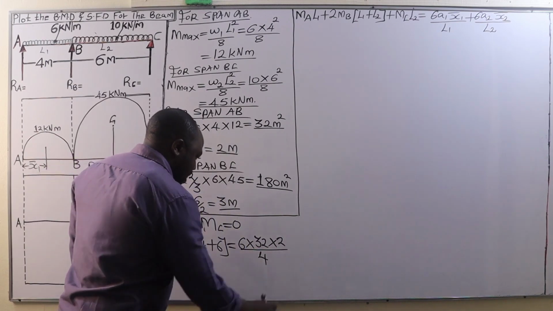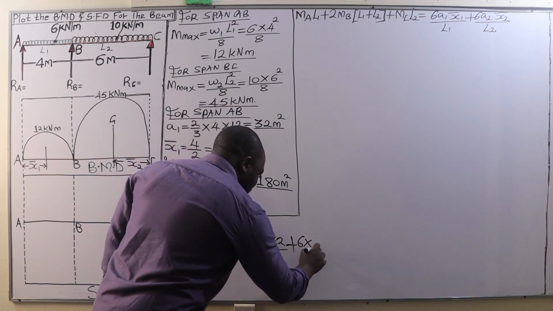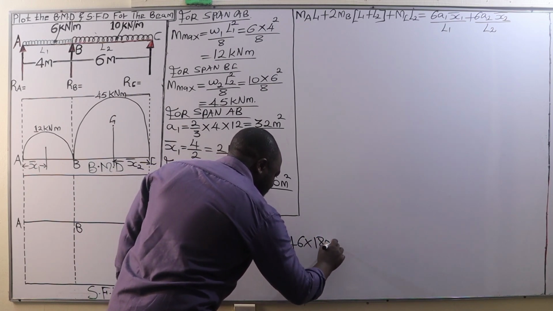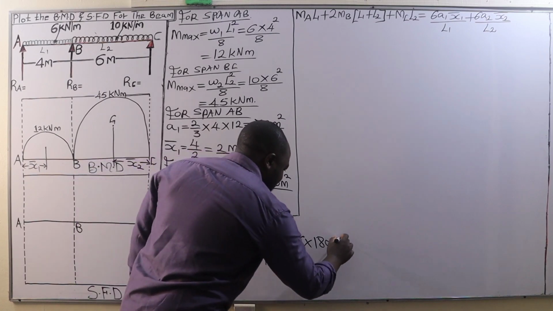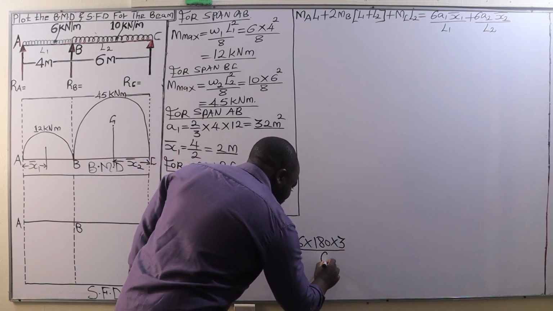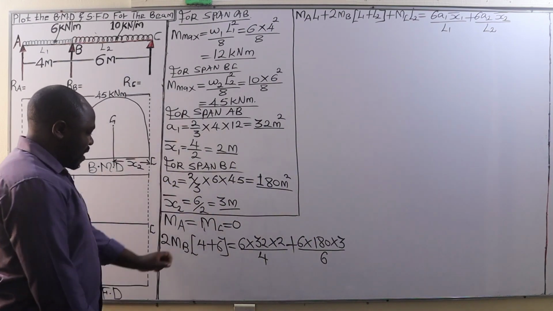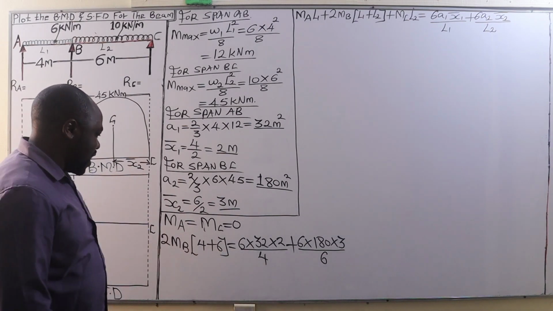We divide that by L1, which is 4 meters. Then we add that to 6 multiplied by A2, which is 180 square meters, multiplied by bar x2, which is 3 meters, and then we divide that by L2, which is 6 meters. The left side is 4 plus 6, that is 10, 10 times 2, that is 20.